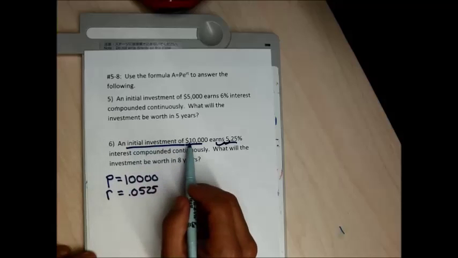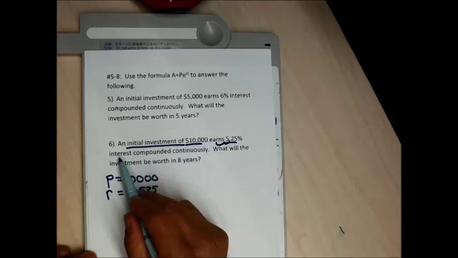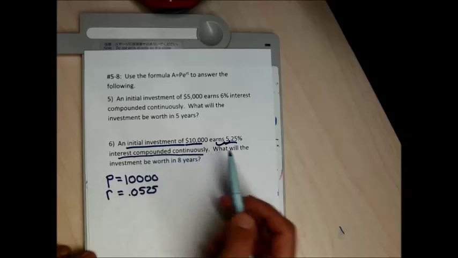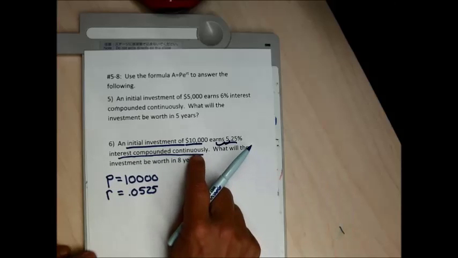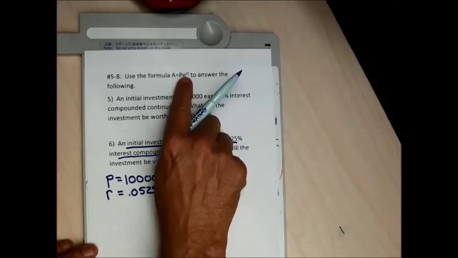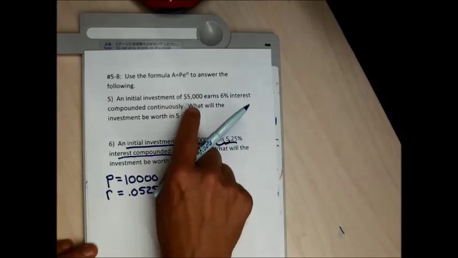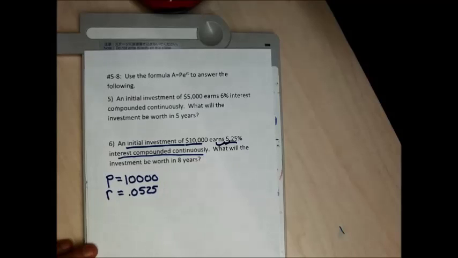So an initial investment of $10,000 earns 5.25% compounded continuously. Compounded continuously means the n is infinity, so I can't use the other formula. I need to use a formula with the e. The compounded continuously kind of generates the e in the formula.